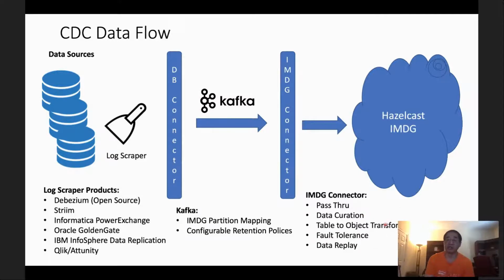It can be passed through data curation, aggregation, and we can also do table-to-object transformation using various different techniques that I described. Also, Kafka provides fault tolerance and data replay of Kafka topics. So it's a turnkey solution in many ways, given the proper connectors.